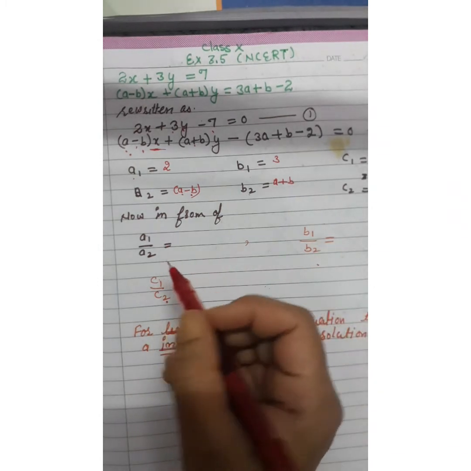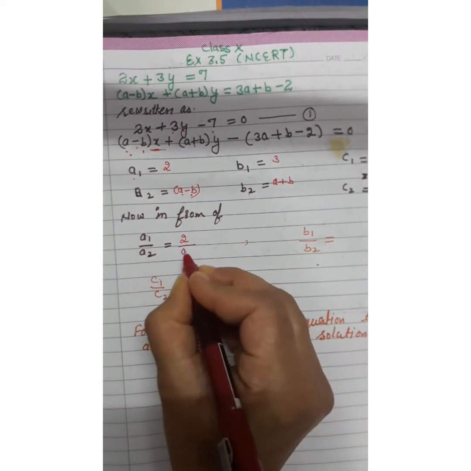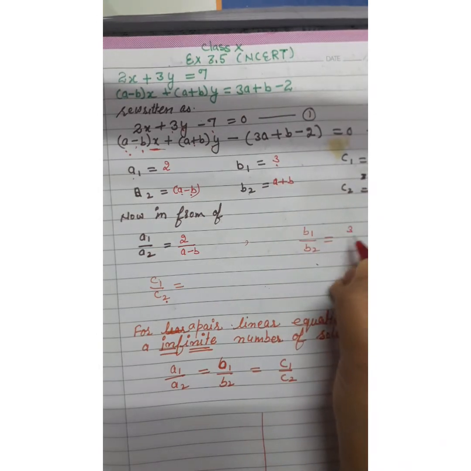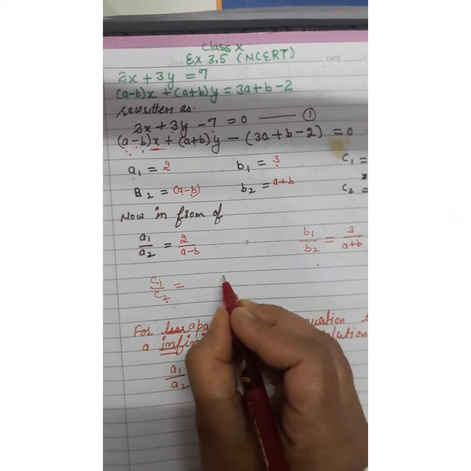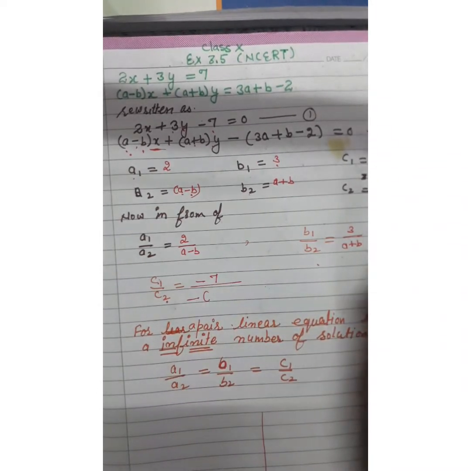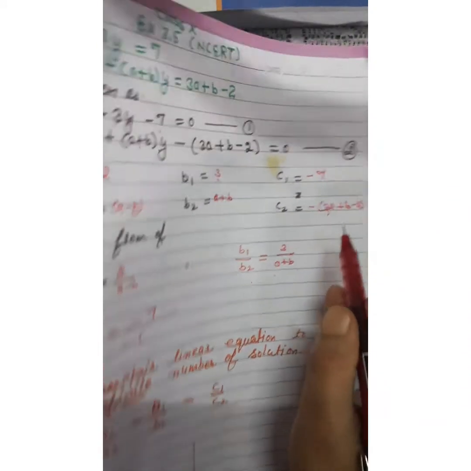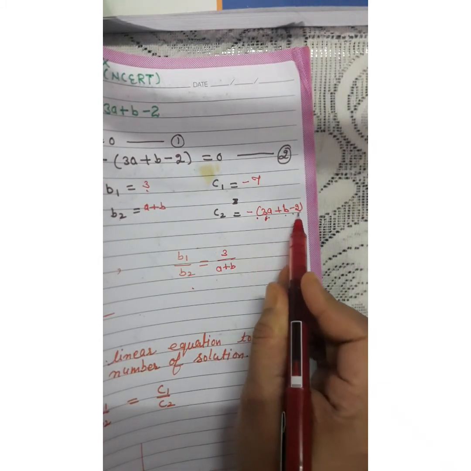So here a1 is 2 and a2 is a minus b, b1 is 3 and b2 is a plus b, c1 is minus 7 upon c2, which is minus (3a plus b minus 2).